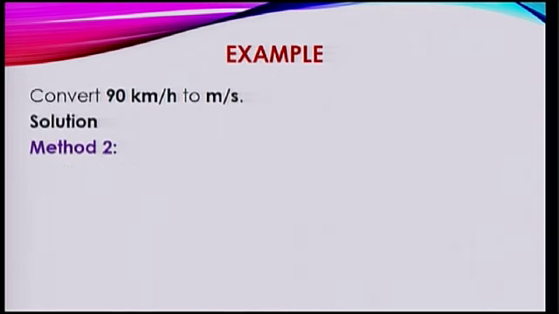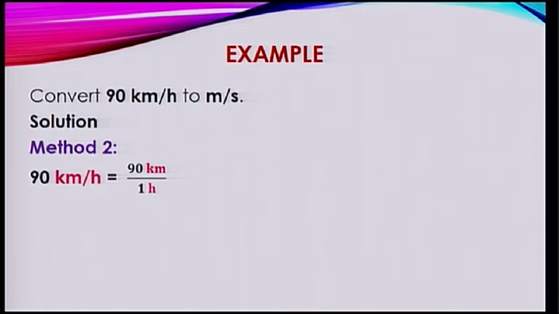Let's see the second method. So, we know that we need to convert 90 kilometers per hour into meter per second. Remember at the beginning, when we talked about rate, we said that per hour means 90 kilometers over 1 hour.